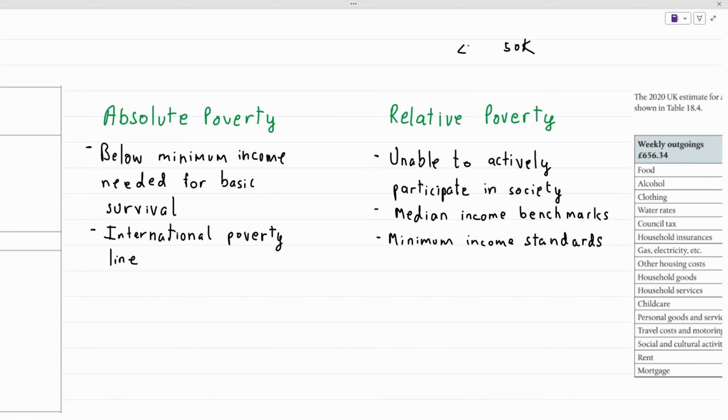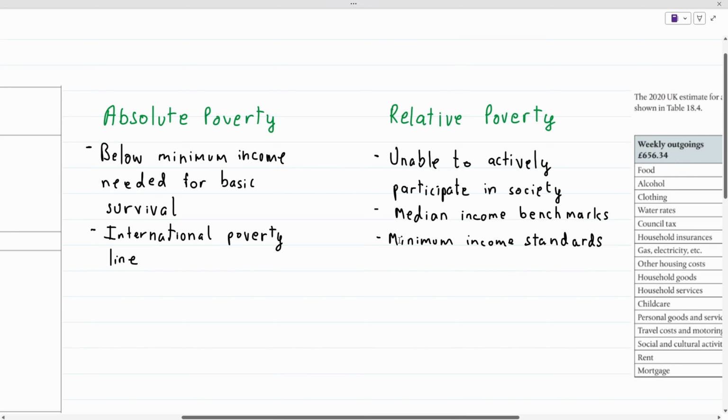Anyone that earns less than 25K is considered relatively poor by the definition of median income benchmarks. So what this means is that anyone who's earning below this amount, provided that the median income in that country is 50K, is considered relatively poor, meaning that they cannot actively participate in society and support all of their needs.